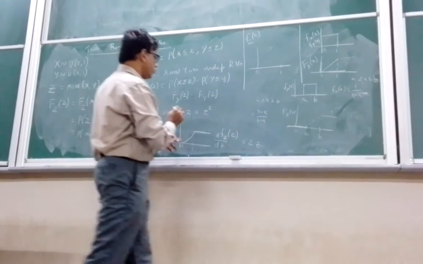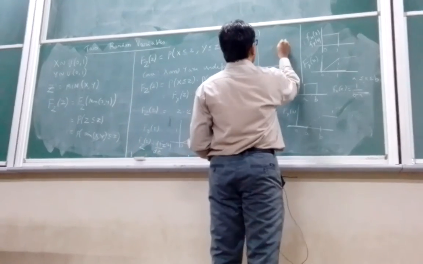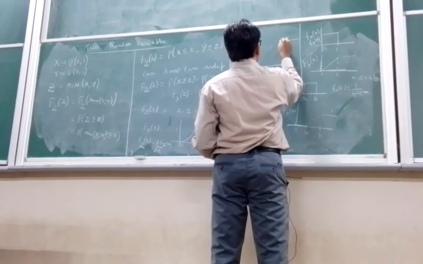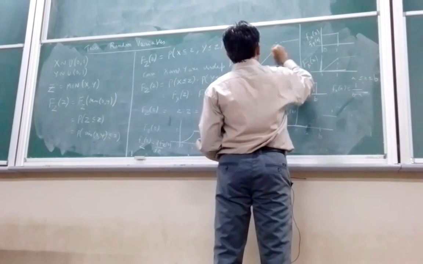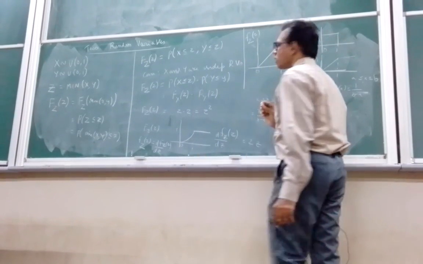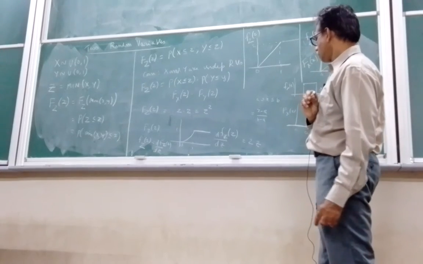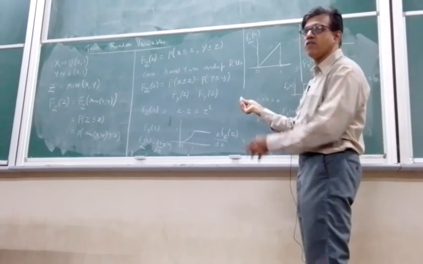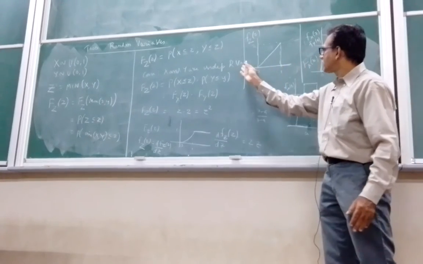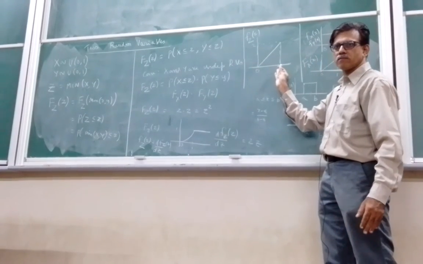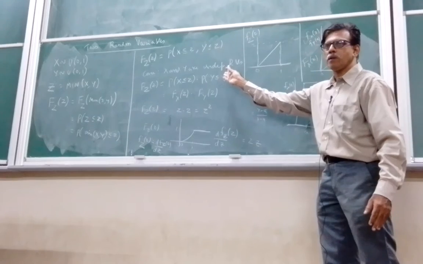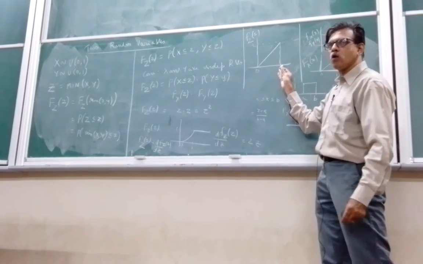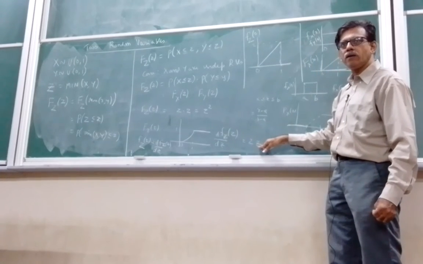So at 0 it is 0, at 1 it is 2, and it has to be like this. And after that it is 0. See, this is a density function, not a CDF. So it is only confined here. It is 0 in this place, it is 0 in this place. But between 0 and 1, it takes the form of 2z.